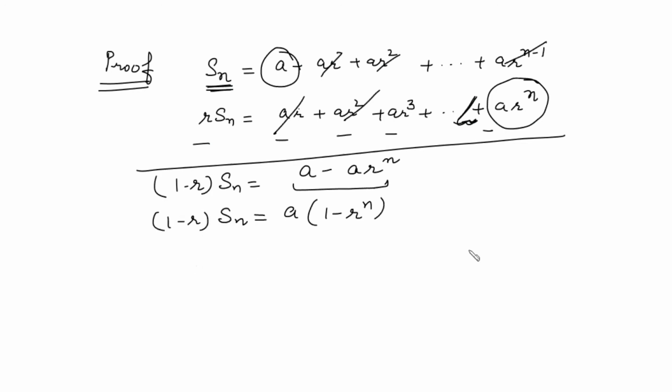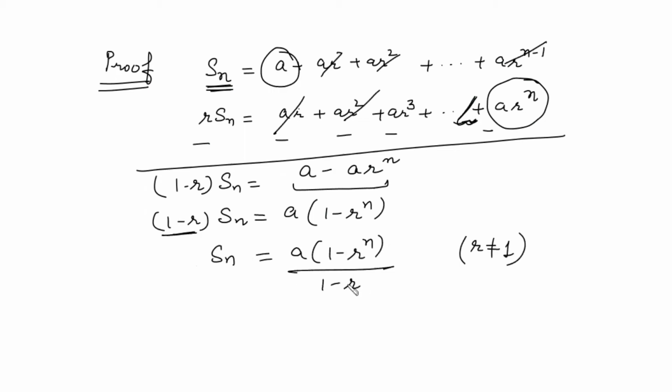Now if r is not equal to 1, then we can divide by 1 minus r. So you will have this. This is your sum of first n terms, where a is the first term and r is the common ratio.